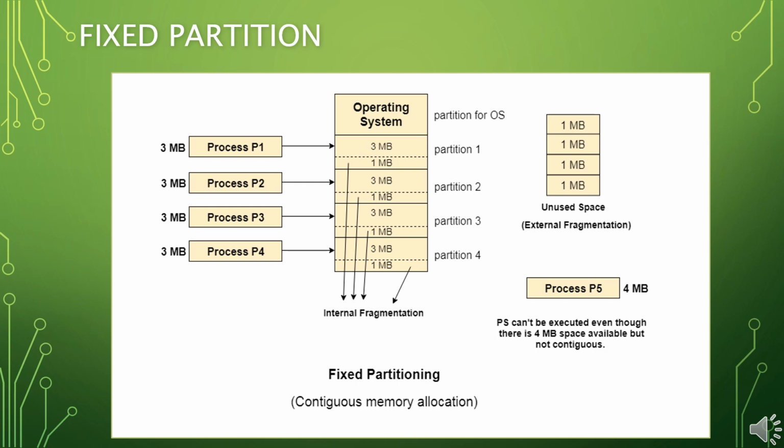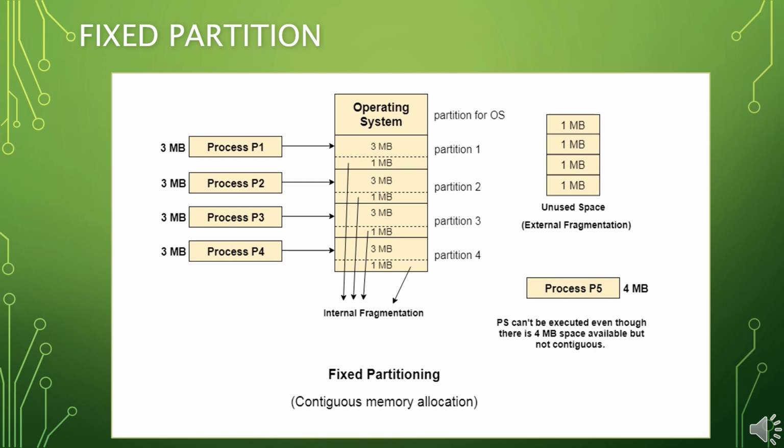But in each partition you can see 1 MB of memory which is unused. Those unused 1 MB cannot be used by any other process for storage, as that partition is assigned to the given process.